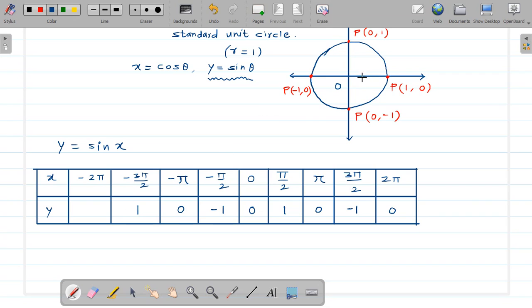And if you complete the rotation, you will get this position. So sine of minus 2 pi will be 0. So remember, the value of the y coordinate after rotation is nothing but the value of the sine ratio, and from this figure we get the values of the sine ratio for all these standard angles.